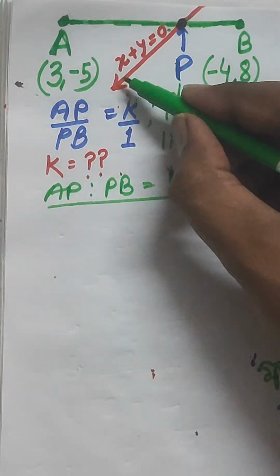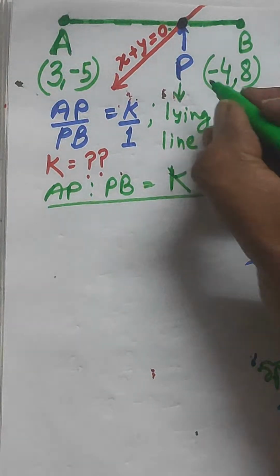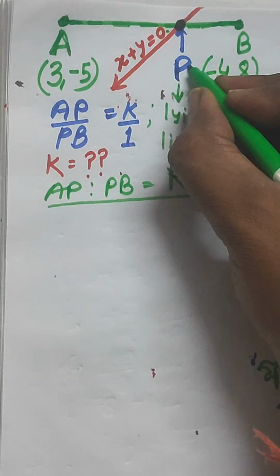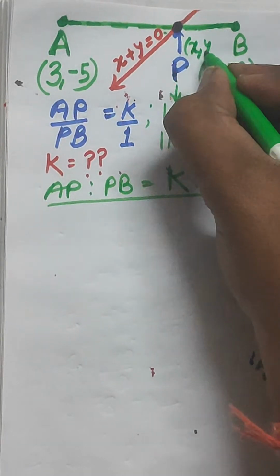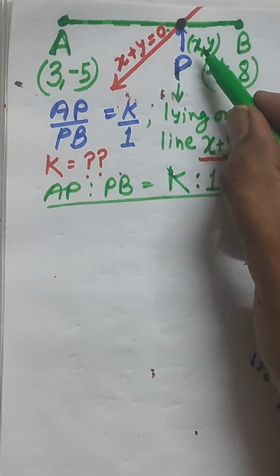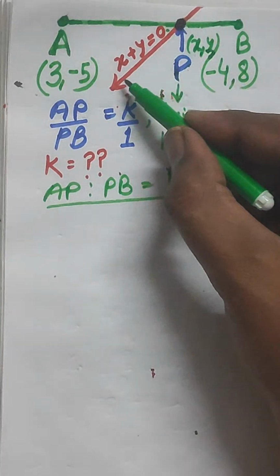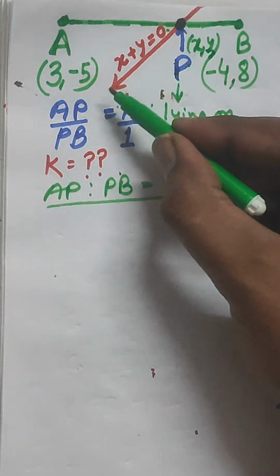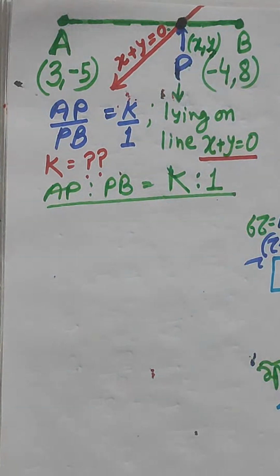So if x plus y equal to 0 is lying over here, we can say that, let us assume the coordinates of P is x and y, which is not known to us, and these values of x and y which we are going to calculate will satisfy this equation, right? Because P is lying also on this line. Okay, now just solve it.